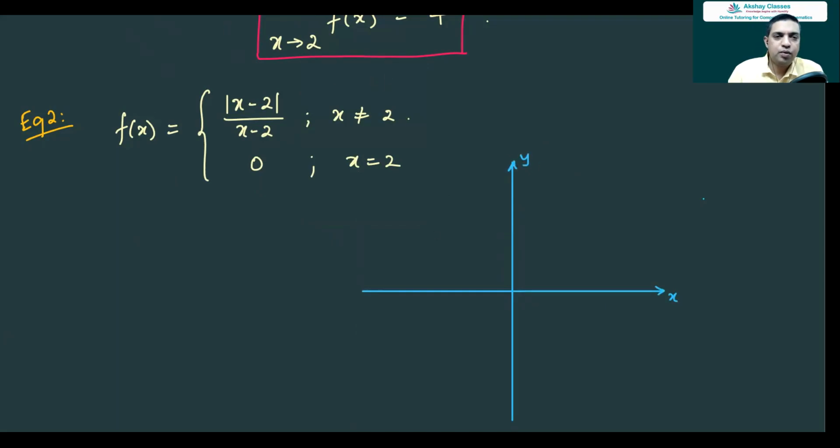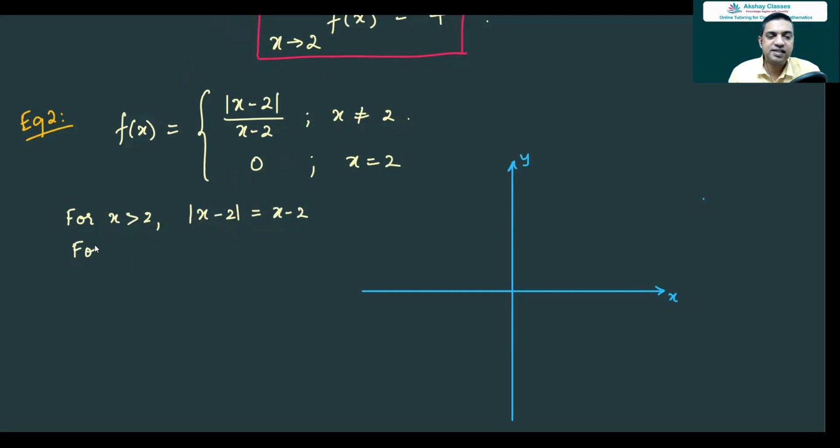Now we know, for x greater than 2, mod of x minus 2 will be equal to x minus 2, because x minus 2 will be positive. Modulus of a positive expression will be the expression itself.